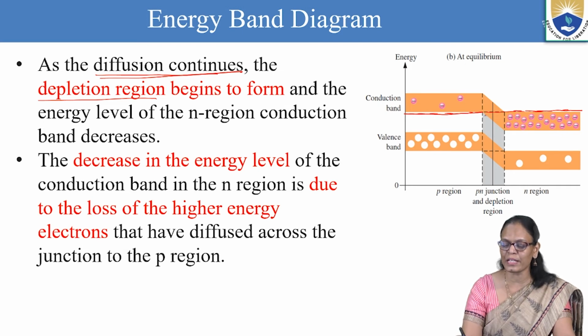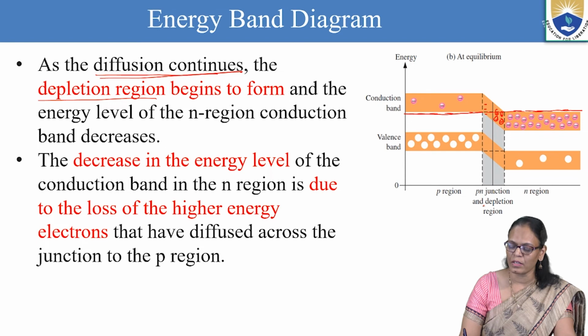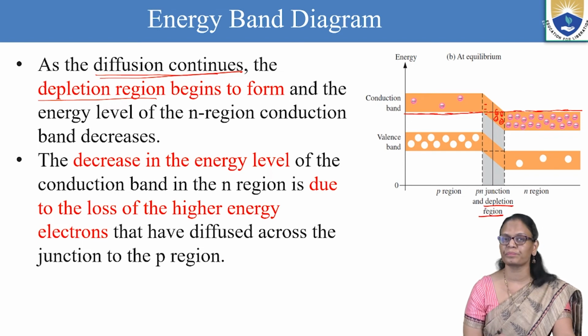A region is formed which we call the depletion region. The electrons that have shifted from here to here leave behind positive ion sites, and here there are negative ion sites. So an electric field is developed which will sweep away all the charges. This region is free of charges, or depleted of charges, so we call it the depletion region.